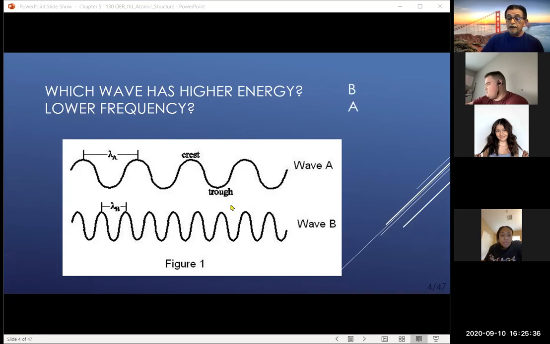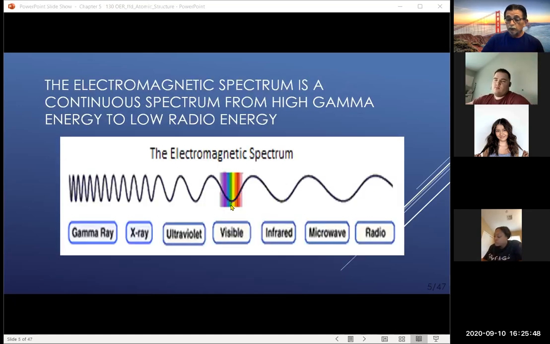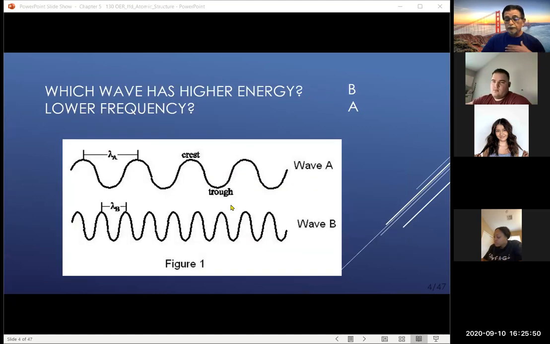So B would have a higher energy: shorter wavelength, higher energy. And the one with the lower frequency would be A, okay? And in one given time, say 1 second, we can probably get like 2 or 3 wavelengths passing from B compared to A, where maybe 1 wavelength is emitted.